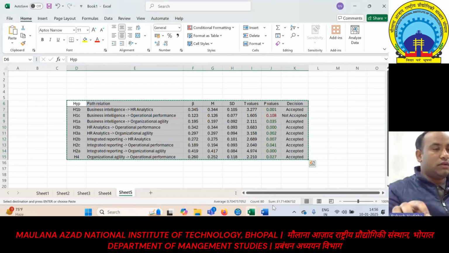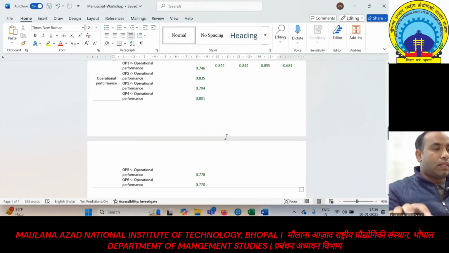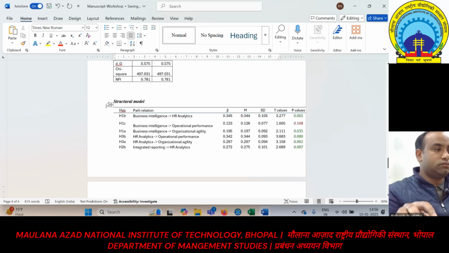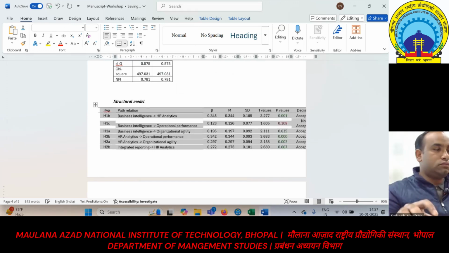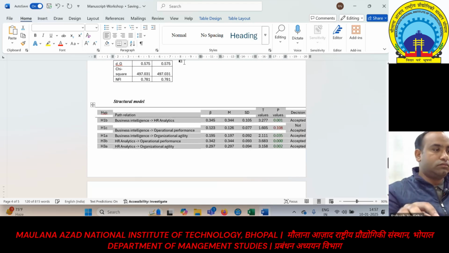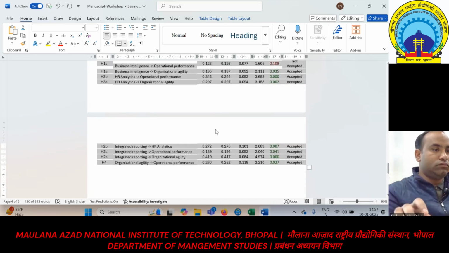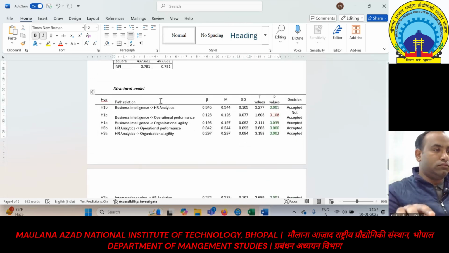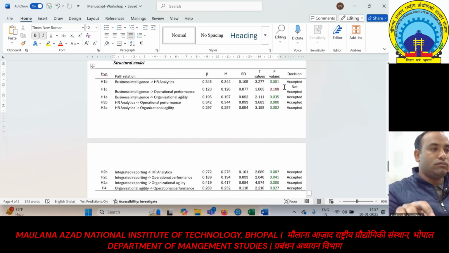Then I am copying this one and pasting it below the structural model. I think this table is completed.